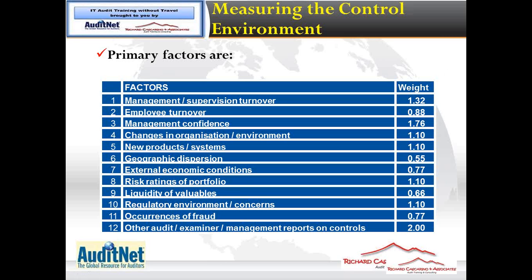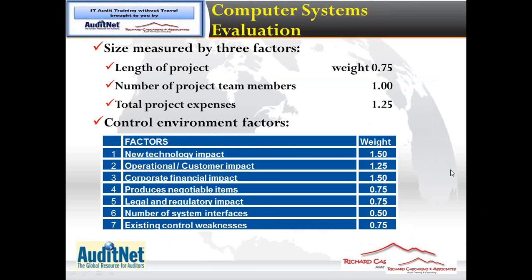Why would that be a high risk factor? Because in many cases where management is confident, management overlooks the controls. Then coming down to turnovers, etc. So all of those would be risk factors on the control environment.